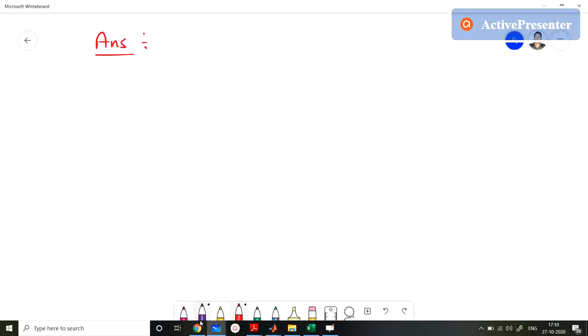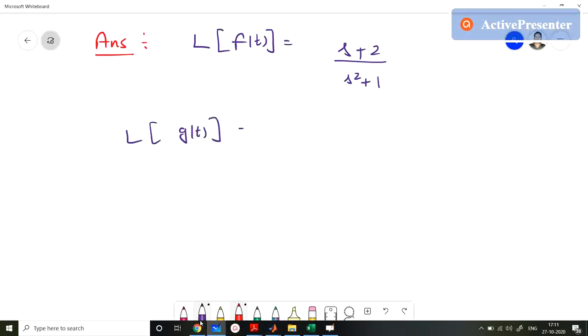The Laplace transform of f(t) is provided in the question, and that is equal to (s + 2) divided by (s square + 1). And the Laplace transform of g(t) is also provided, and that is equal to (s square + 1) divided by (s + 3)(s + 2).